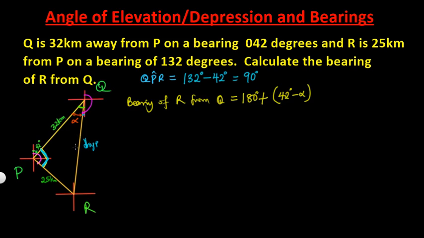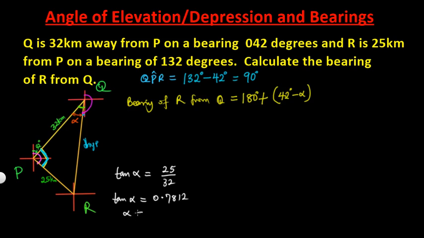Since this is a right angle triangle, the value of alpha will be opposite to adjacent. That means alpha, opposite to adjacent, which is tan alpha equals opposite 25 divided by 32. So tan alpha will be equal to 0.7812.